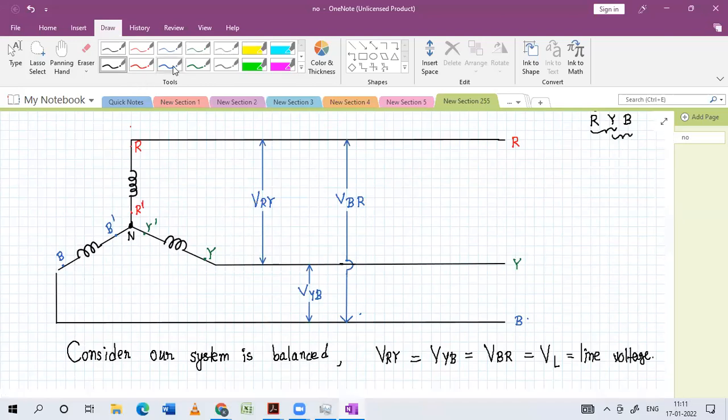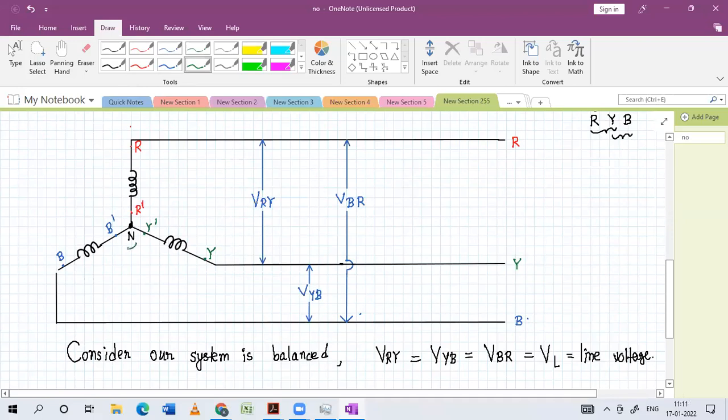Now, what is the meaning of phase voltage? See here, we have our neutral point. See my green circle. What is the neutral? Here we have connected all the phases together: R dash, Y dash, B dash are connected together and make a neutral.